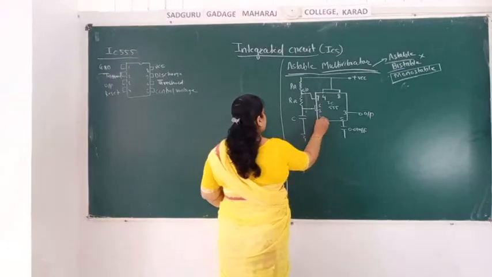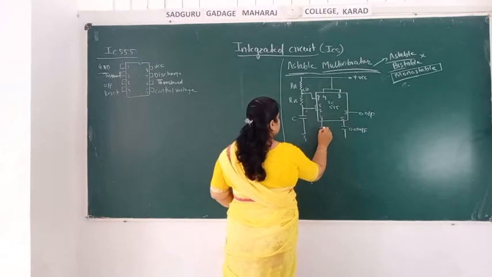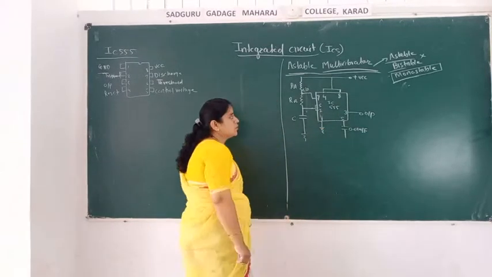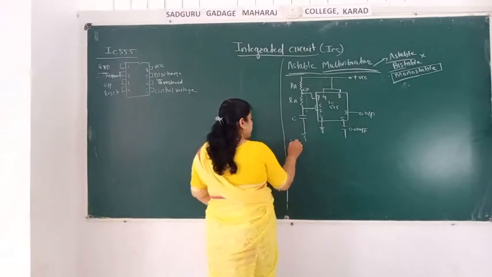And pin number 1 is connected to the ground. This is our circuit diagram of the astable multi-vibrator.